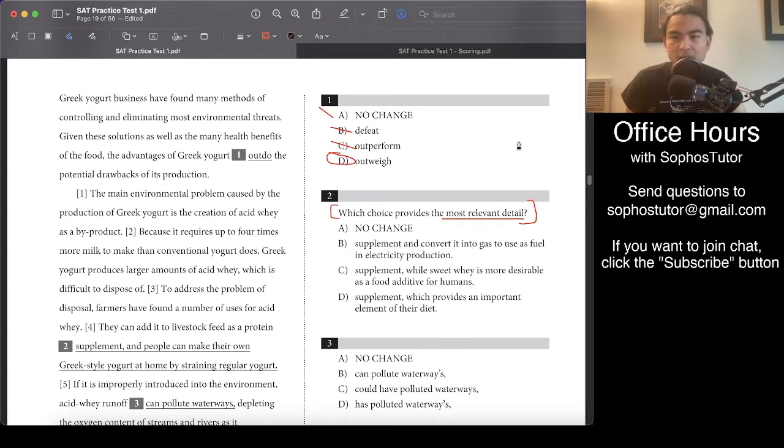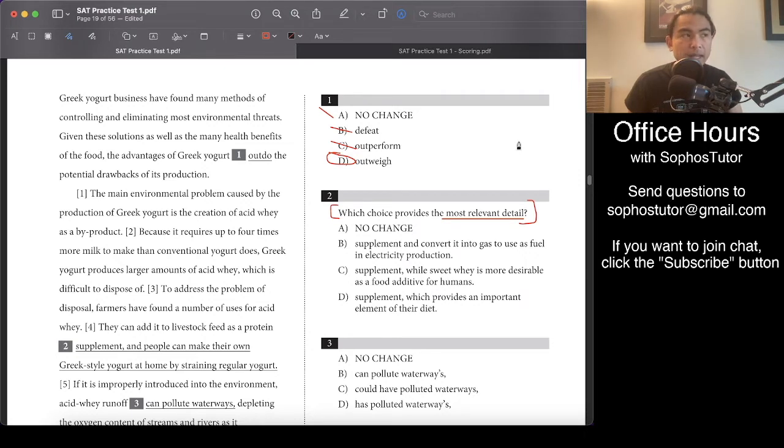You could think about details being more relevant and less relevant on a spectrum, but in reality, 3 of these choices are just going to be unviable, period, regardless of what the other choices are. And there's really only going to be one choice that truly fits the passage. But then going back, what makes a sentence or detail relevant?